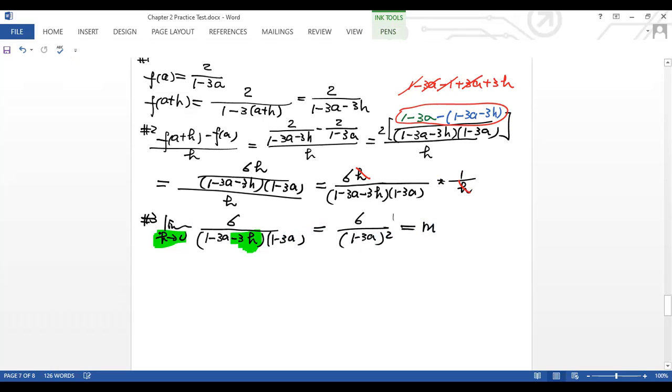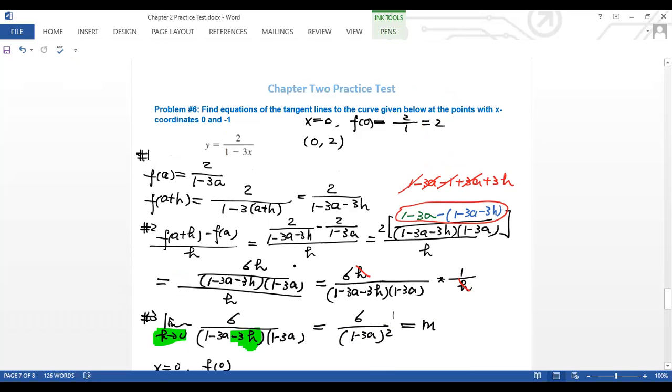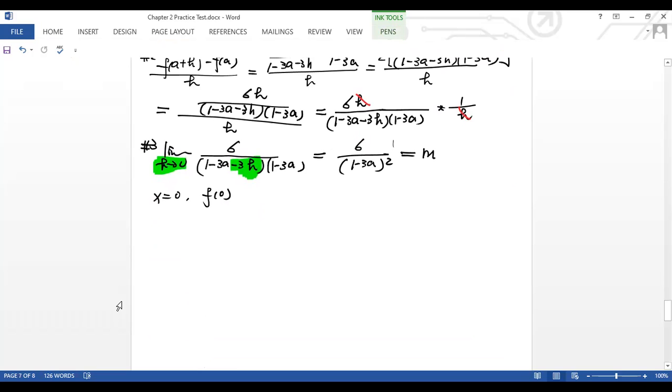So when x equals 0, right? So we said that when x equals 0, then f of 0, we just did it here. F of 0 is 2, right? F of 0 is 2. Okay, so I have, this is my point, (0, 2). So what is my slope here?